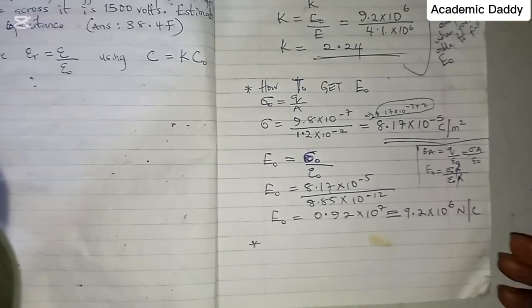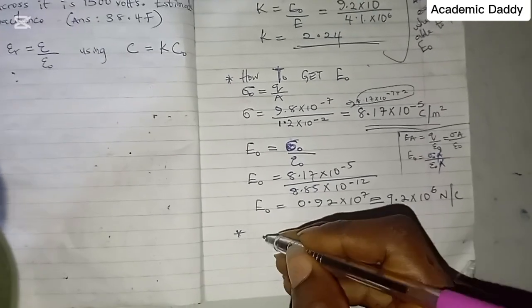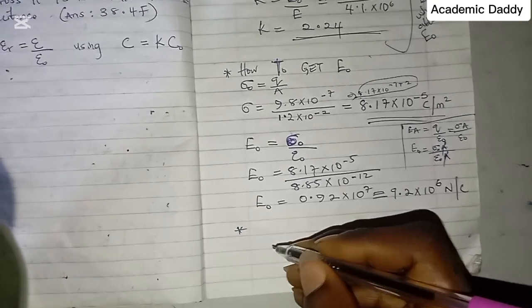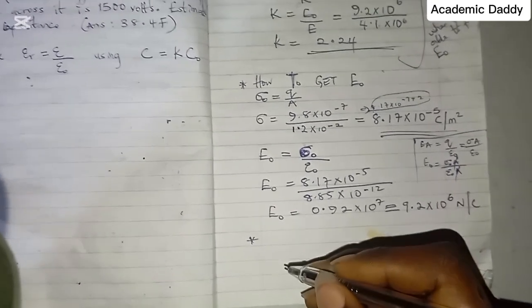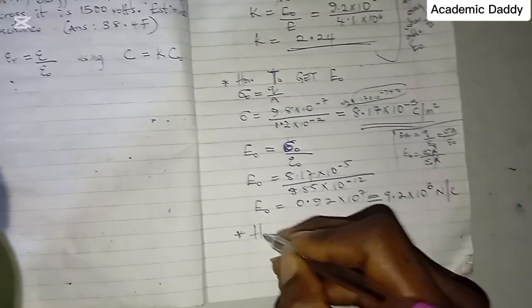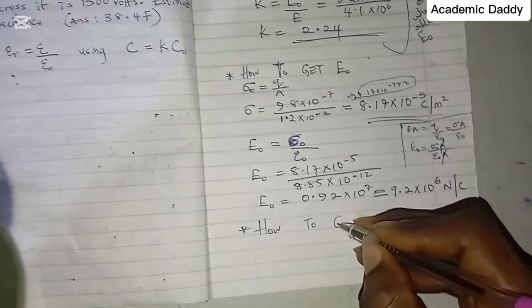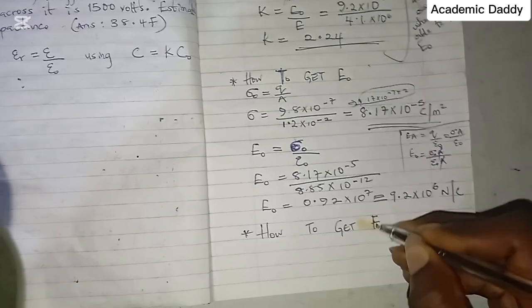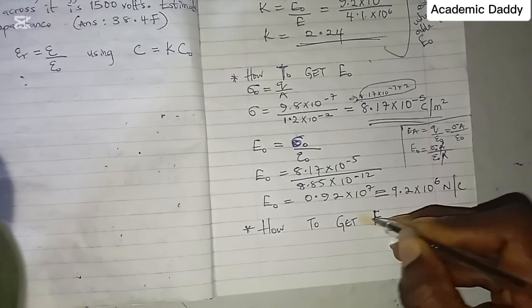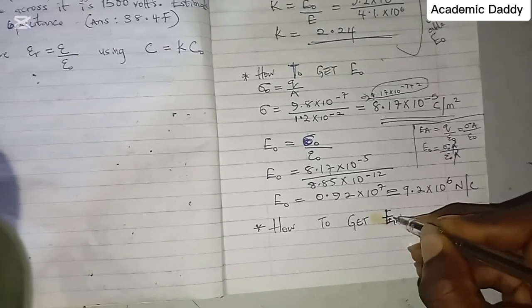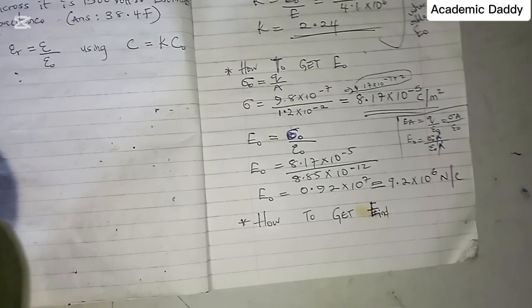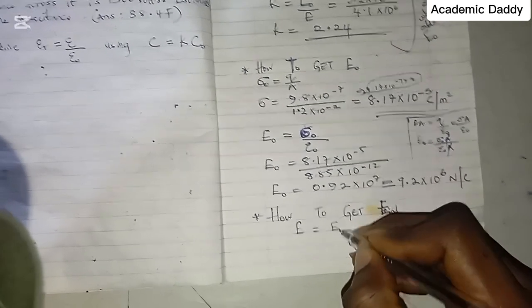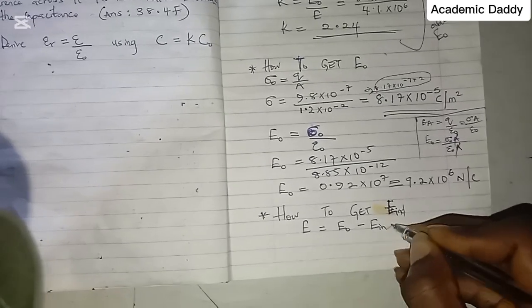Now we need to get the induced electric field, because you remember we are summarizing the whole topic. Even if they did not ask it, this is how to get the induced electric field. Remembering the formula, E is equal to E naught minus E induced.